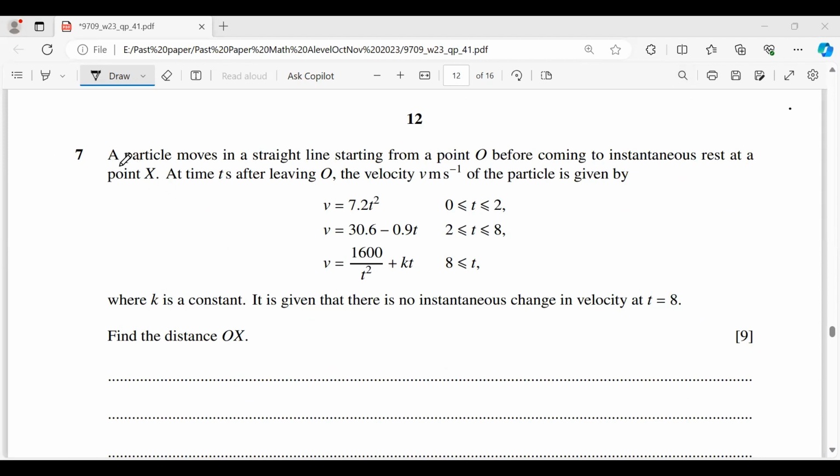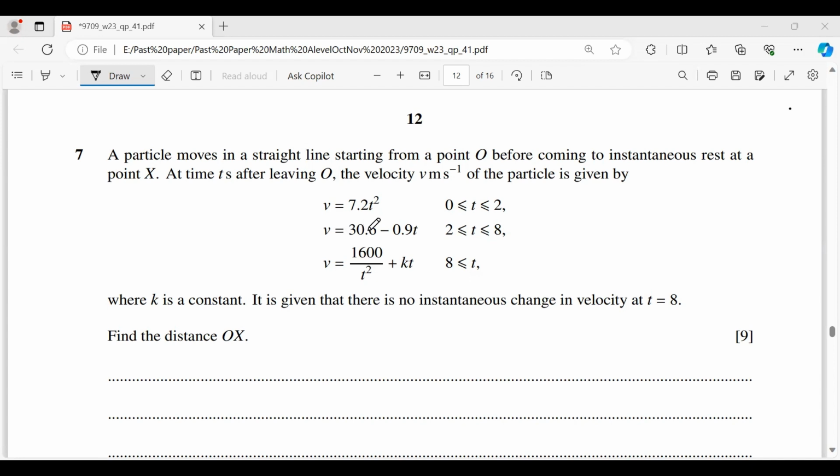Number 7, a particle moves in a straight line starting from a point O before coming to instantaneous rest at a point X. At time t seconds after leaving O, the velocity v meters per second of the particle is given by this function: v equals 7.2 t squared in the interval 0 to 2 seconds.